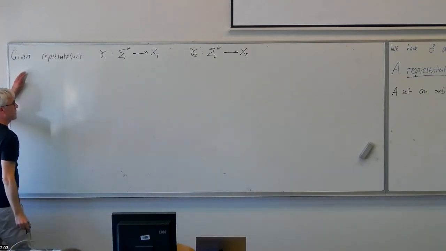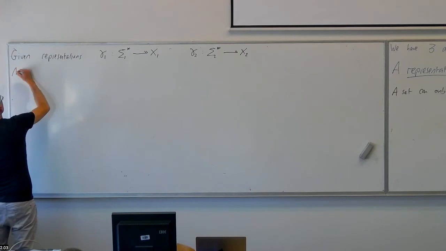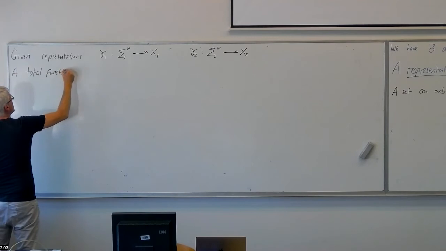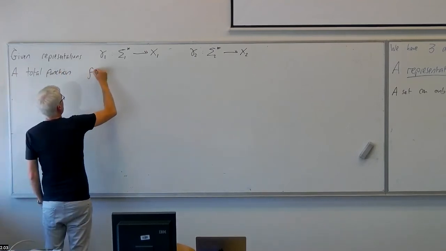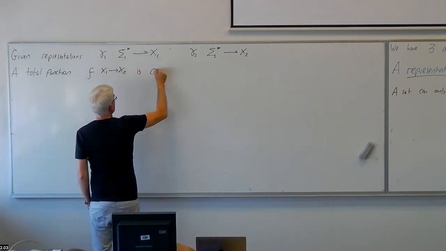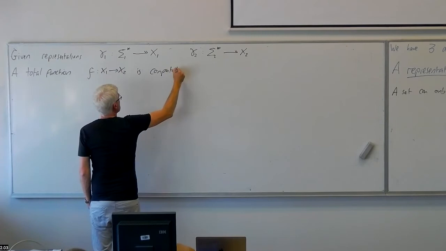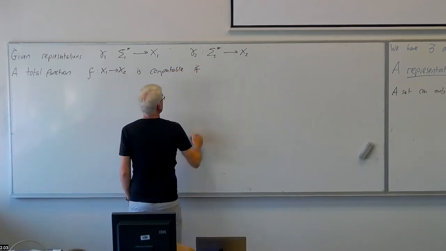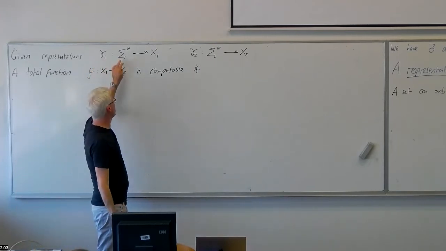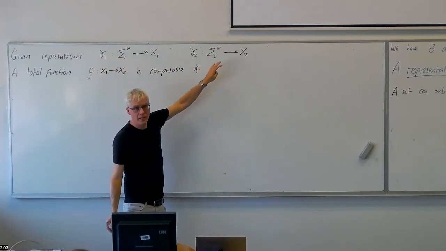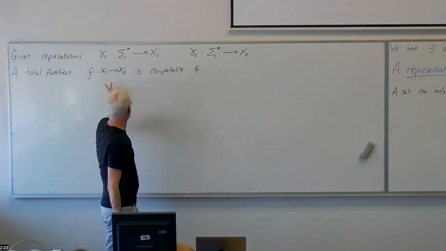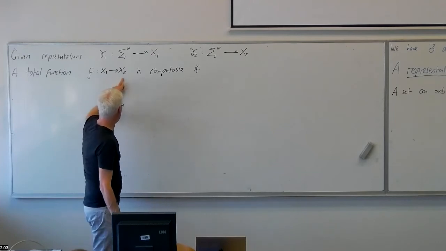So given two representations, a total function f from X1 to X2 is computable if there exists a computable function on words that represents that function f on sets.